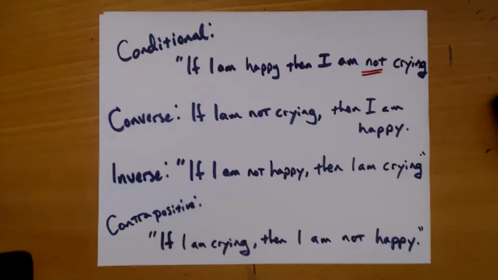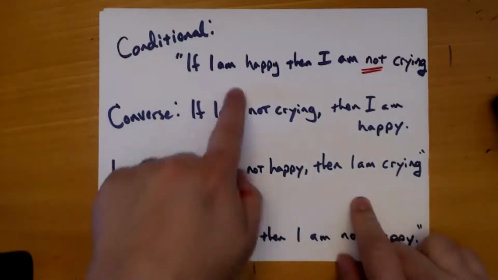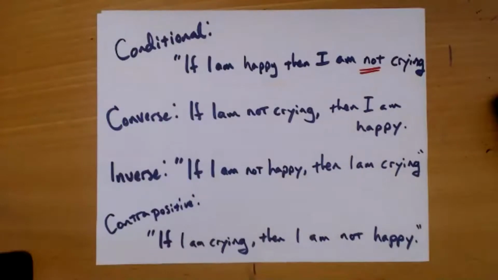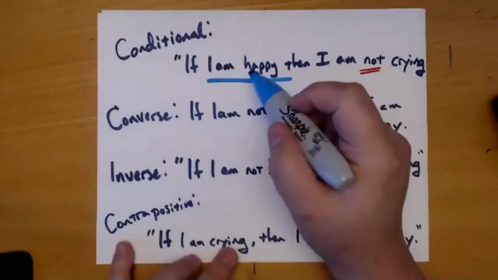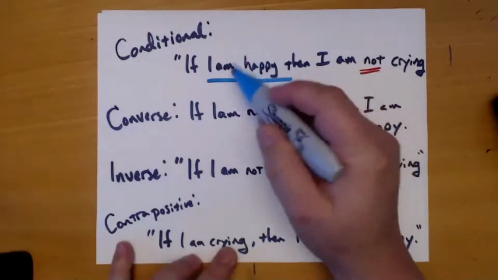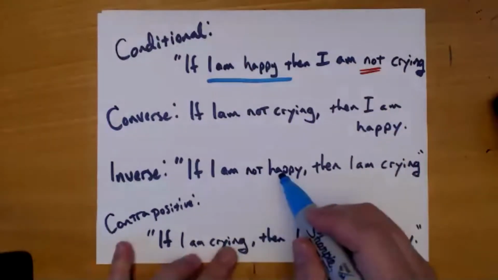All right. Yes, Omnia. What's up? In the inverse, why didn't we put not in both of the sentences? Good question. In this part, we took this and we negated it. We made it negative.